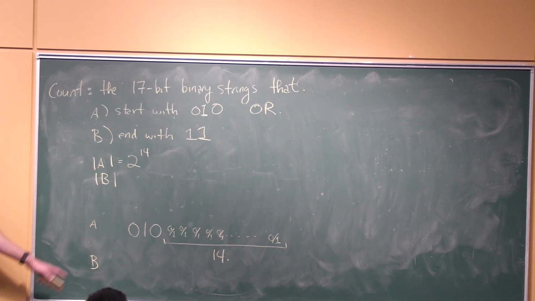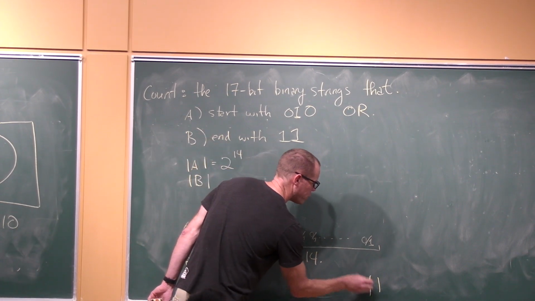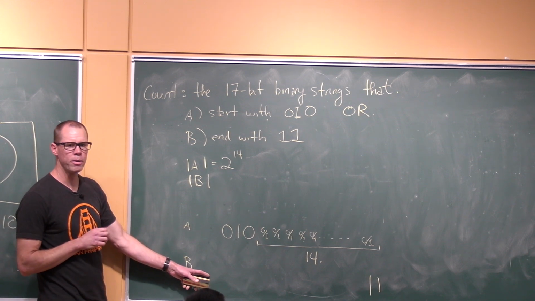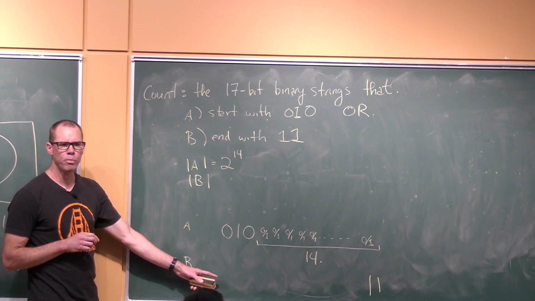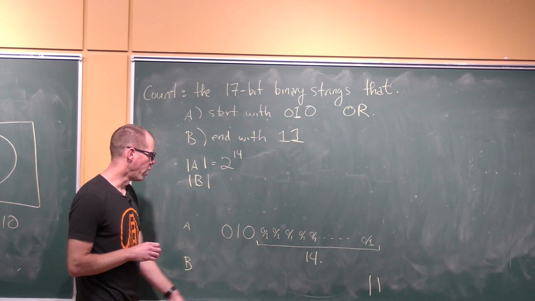What about if you want to write down a string in B? What do you do? Yep, so you finish off with 2 1s, and then come back to the beginning, and you put a 0 or a 1 here, a 0 or a 1 here, a 0 or a 1 here, and so on.